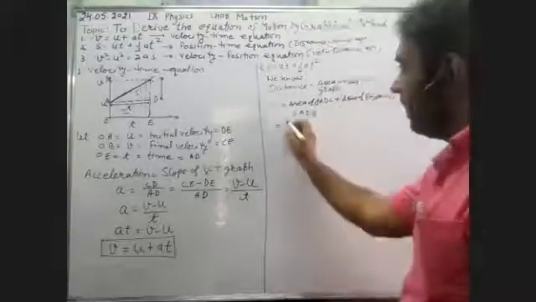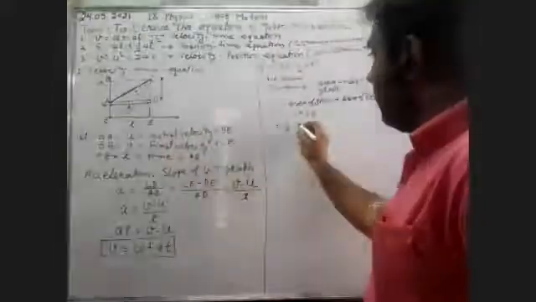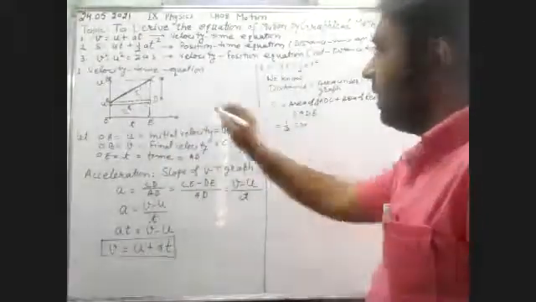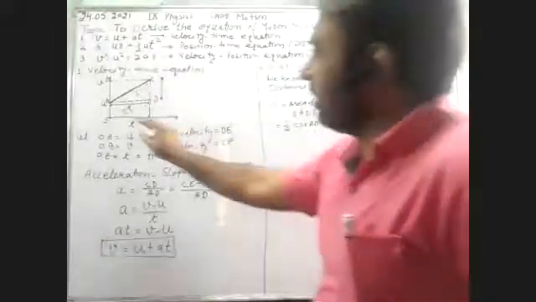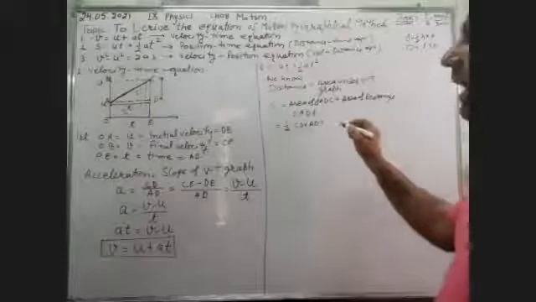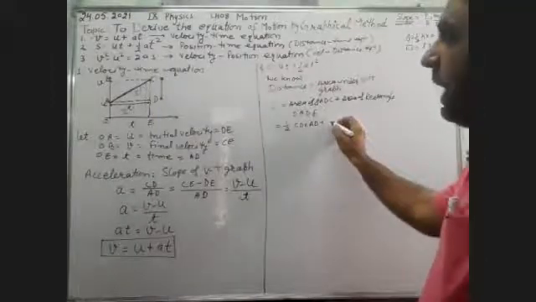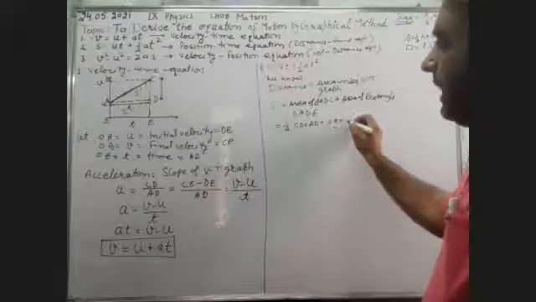So we use these mathematical formulas. What is the area of the triangle? 1/2 base, what is base and what is height? Height is CD multiplied by base is AD, plus what is the area of rectangle OADE? Area of rectangle OADE is length multiplied by breadth. So breadth OA multiplied by length OE.